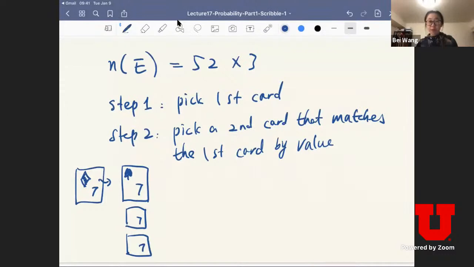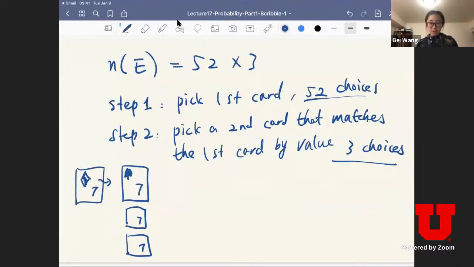So in step 1, when I pick up the first card, I can pick any random card I want, and there are 52 cards to choose from. So in step 1, I have 52 choices. Now, once I figure out the first card, I have 3 other cards that will match it by value. So in the second step, you have 3 choices.